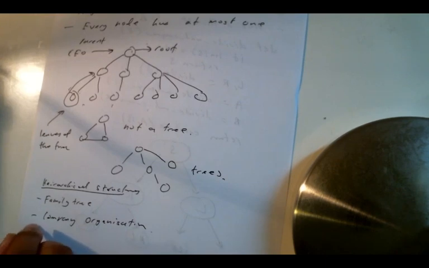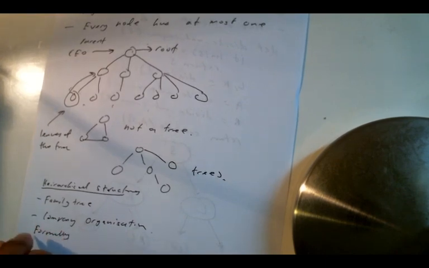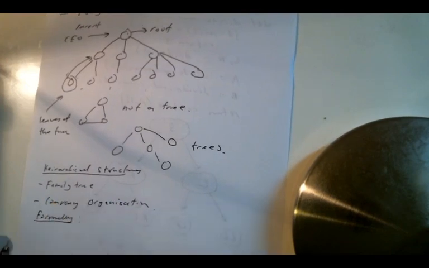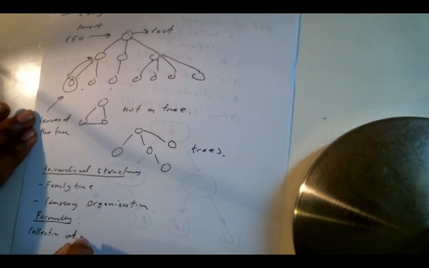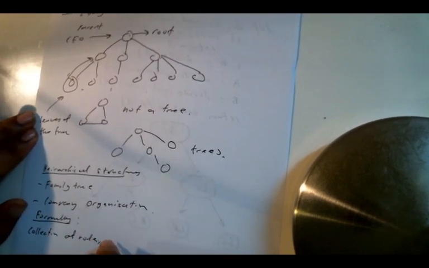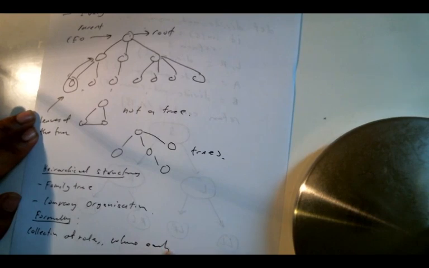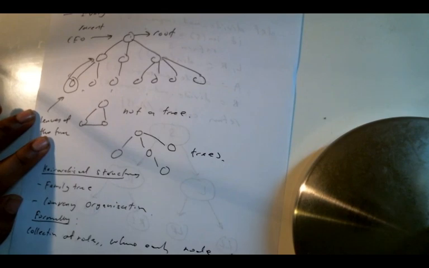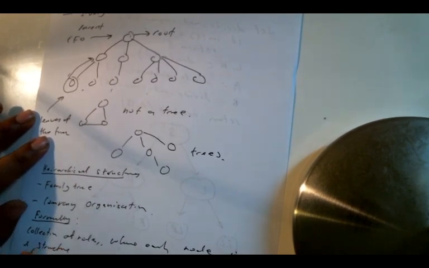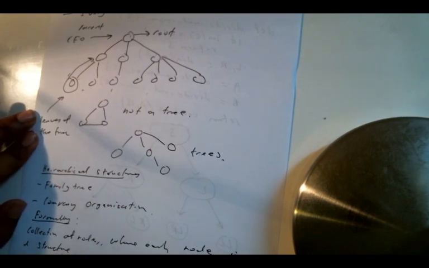So formally, a tree is a collection of nodes where each node is a structure that contains, one, its value, and two, a list of children.